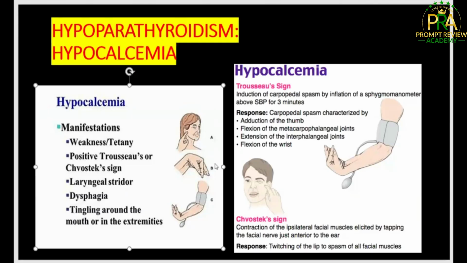Okay, so what is the management? The management is to focus on calcium supplementation and active vitamin D. So they are going to give them vitamin D and calcium.